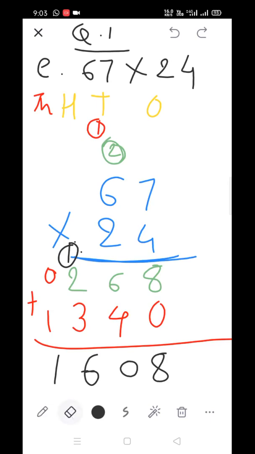Okay, so we will solve the next. G, 93 multiplied by 48.